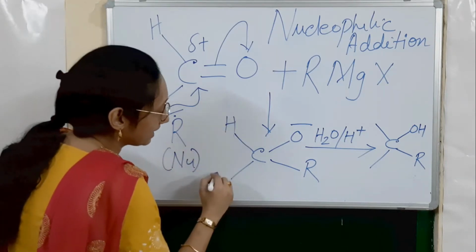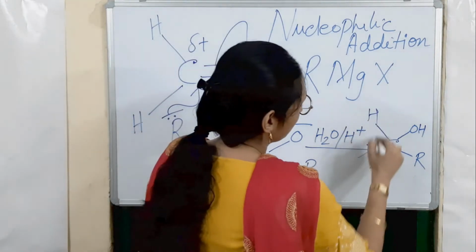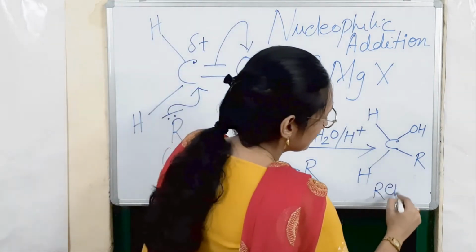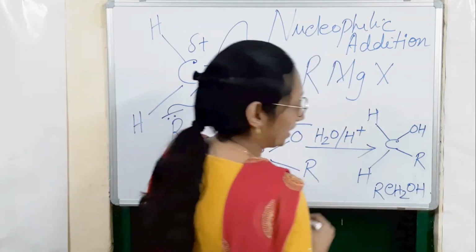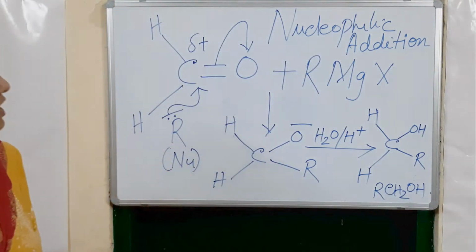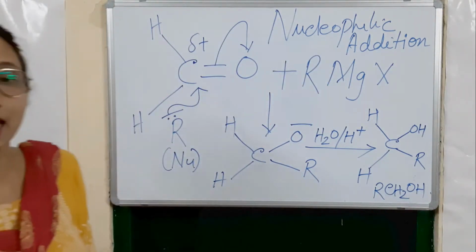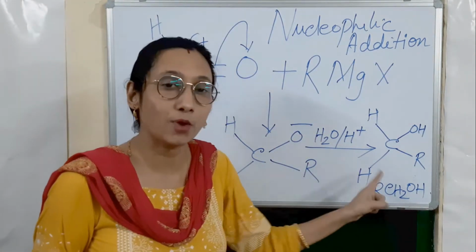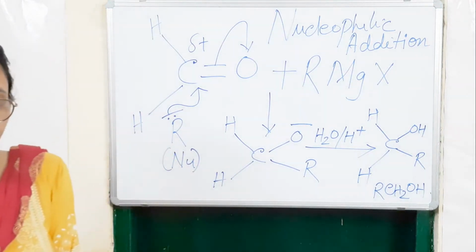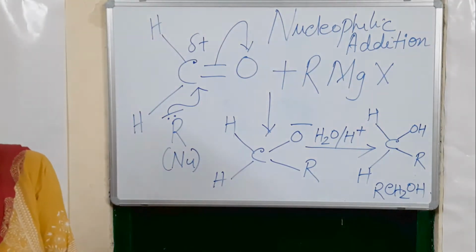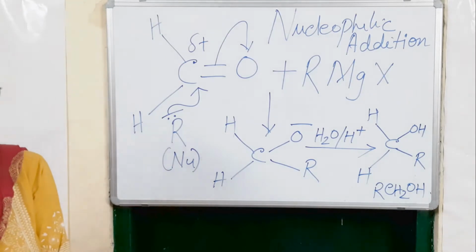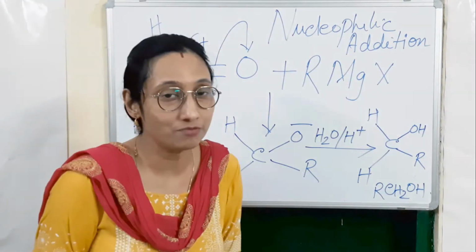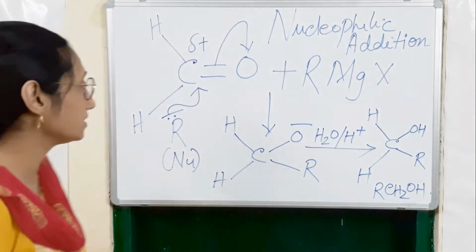Here I will write H and here it will be H. So this is R CH2OH. So when we use formaldehyde with Grignard reagent, we will always get primary alcohol. So the conversion of formaldehyde to a primary alcohol can be done with the help of Grignard reagent.